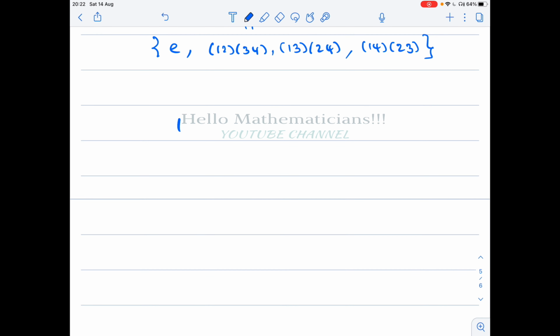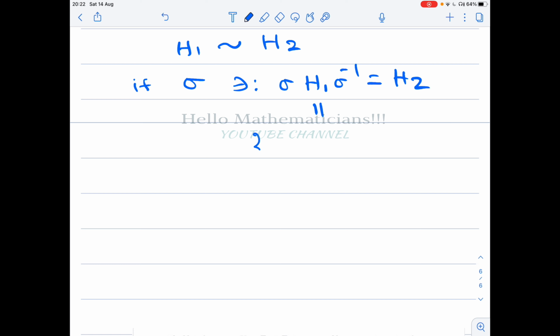So we say that H1 is conjugate to a subgroup H2 if there exists sigma such that sigma H1 sigma inverse equals H2. But what is the meaning of this set? This is equal to sigma h sigma inverse such that h belongs to H1. Okay.